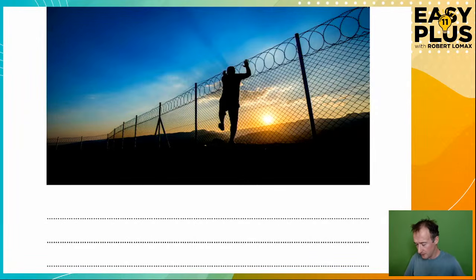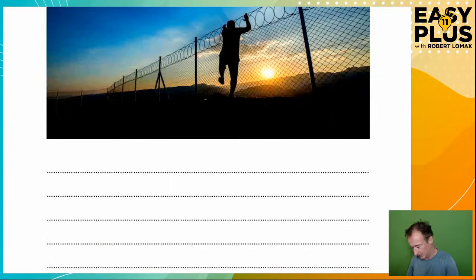Well, it would have some give as your weight pulls on it. I think it's going to sag a bit. You know what? I think in this picture the person is actually just posing in front of the fence and not actually touching it. But let's imagine that they're really climbing it. So it's going to sag a bit, but it's also going to really be hard and really hurt, possibly cutting into your fingers.